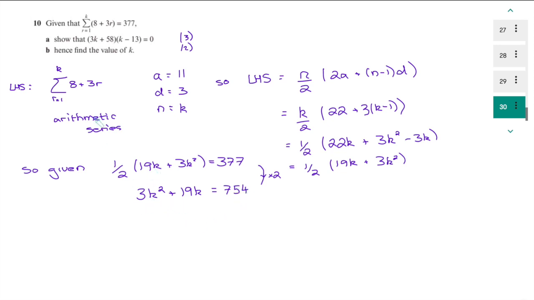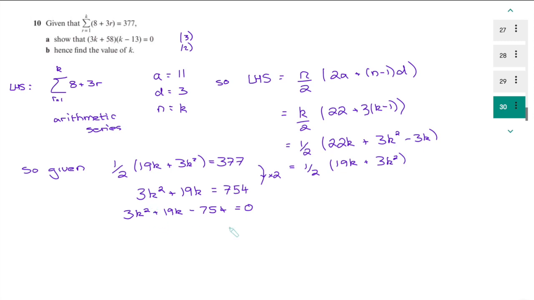Bearing in mind what we want to get to, it's looking good. We've got a quadratic equation, so just follow the steps. So we'd have 3k squared plus 19k minus 754 equals 0.